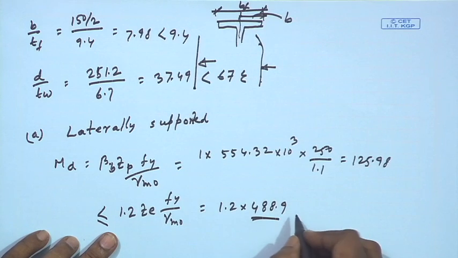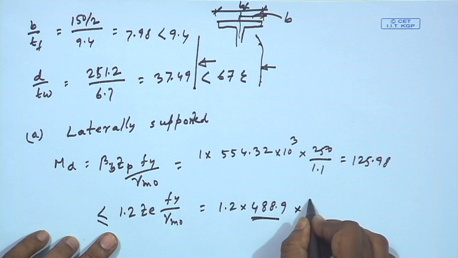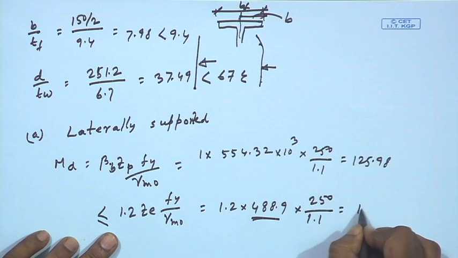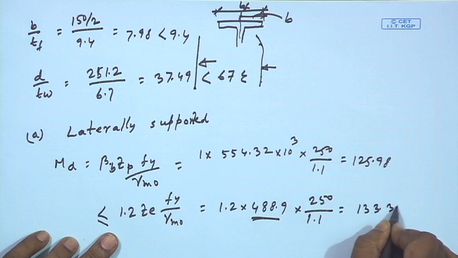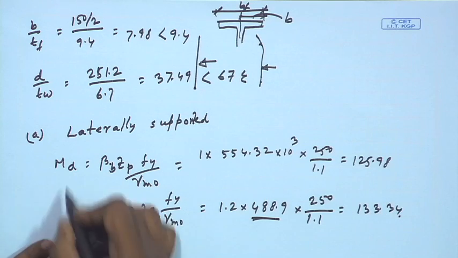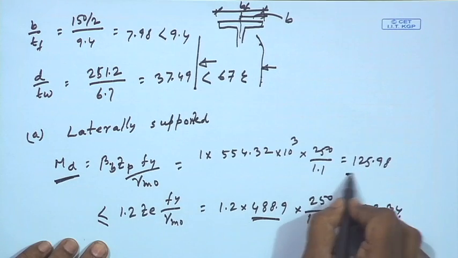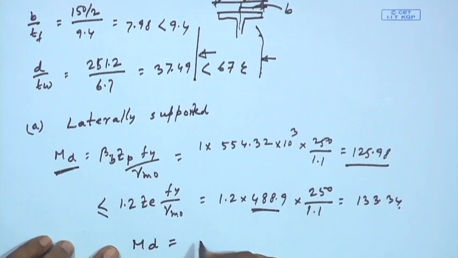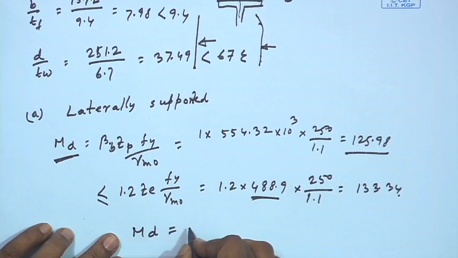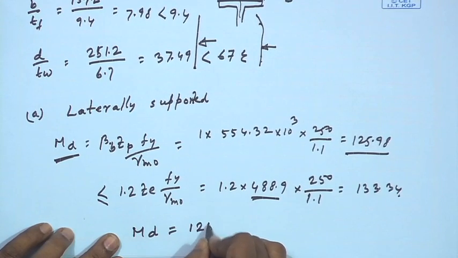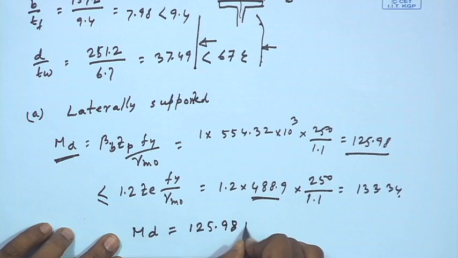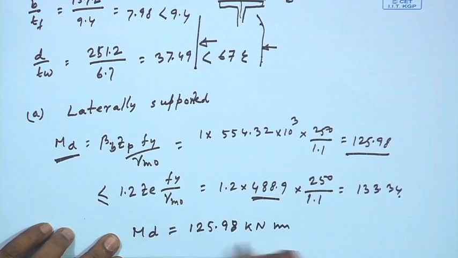Into Fy, 250 by gamma m0, 1.1, it is coming 133.34 kilonewton meter. So the Md value we consider as 125.98 kilonewton meter. So the design strength of the member when it is laterally supported is 125.98 kilonewton meter.